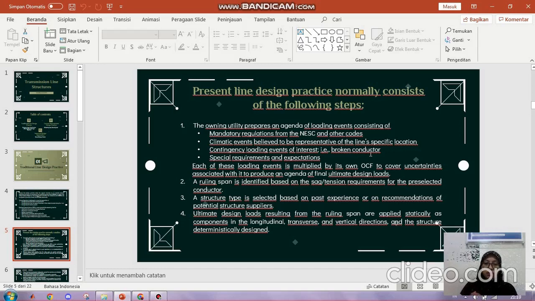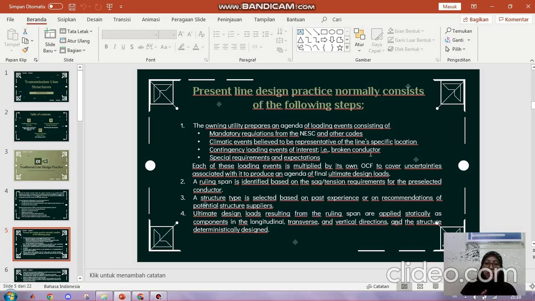Each of the loading events is multiplied by its own OCF to cover the uncertainty associated with it, to produce an agenda of final ultimate design loads.